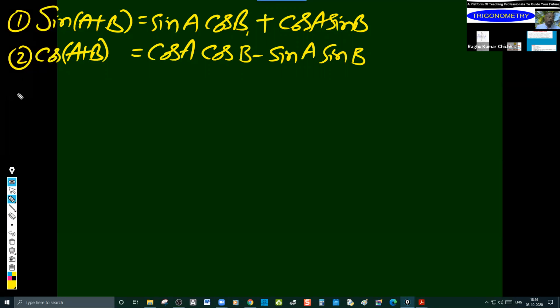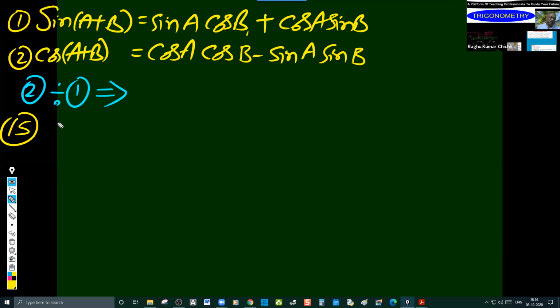So now 2 divided by 1, the operation I'll show in a different color so that you will see the difference. 2 divided by 1 implies cos a plus b by sine a plus b, which is nothing but cot of a plus b. So you are getting the next formula, formula number 15, continuation to the previous class.